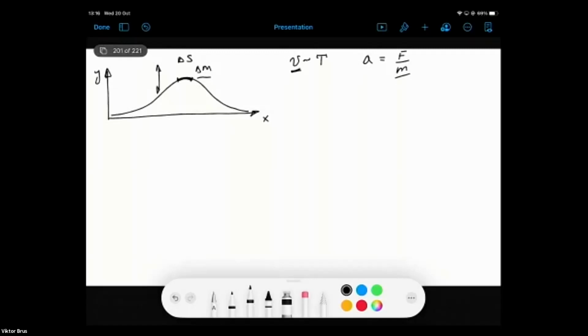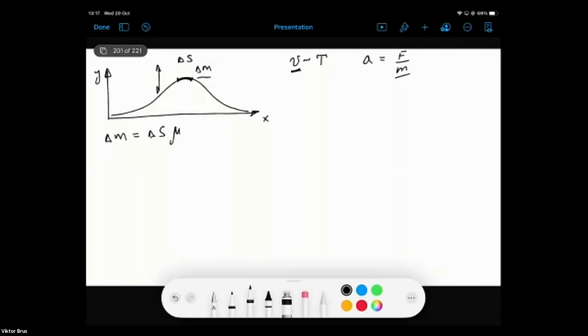So we can express this delta m as the product of delta s times mu. Mu is the linear density of the string, meaning the weight of the unit length of this string. What are the parameters which define it? First, it's the material from which the string is made.